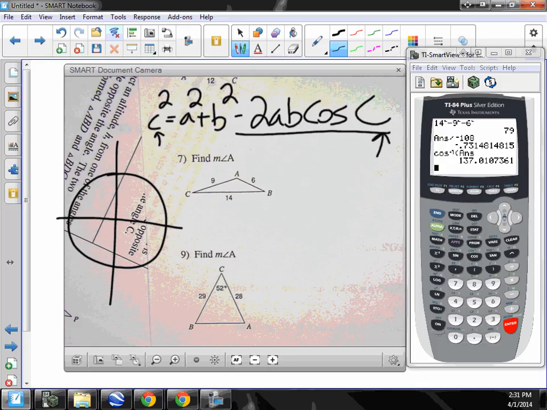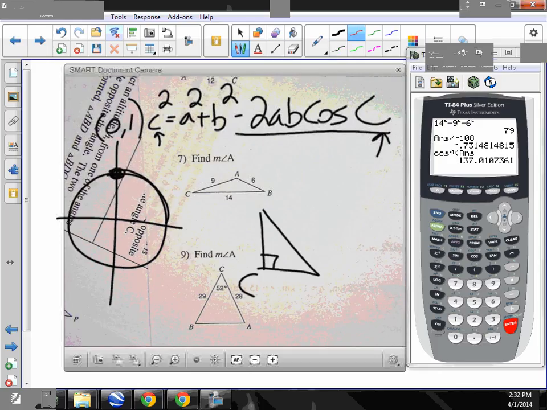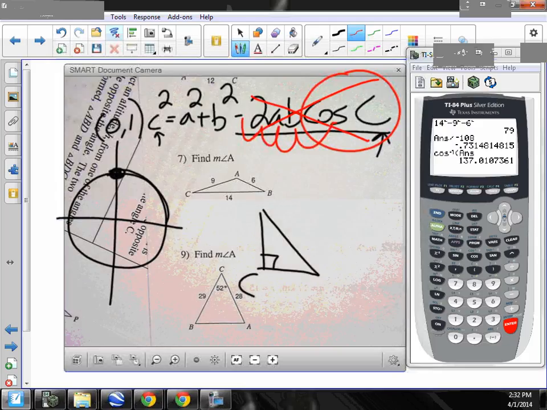It's 90 degrees. The way we label a right triangle is always C goes there, at 90 degrees. So that's 0, comma 1. What is the value of cosine? 0. So if this is a right triangle, then this value is 0, which means negative 2 times whatever times 0 is 0, and this disappears.